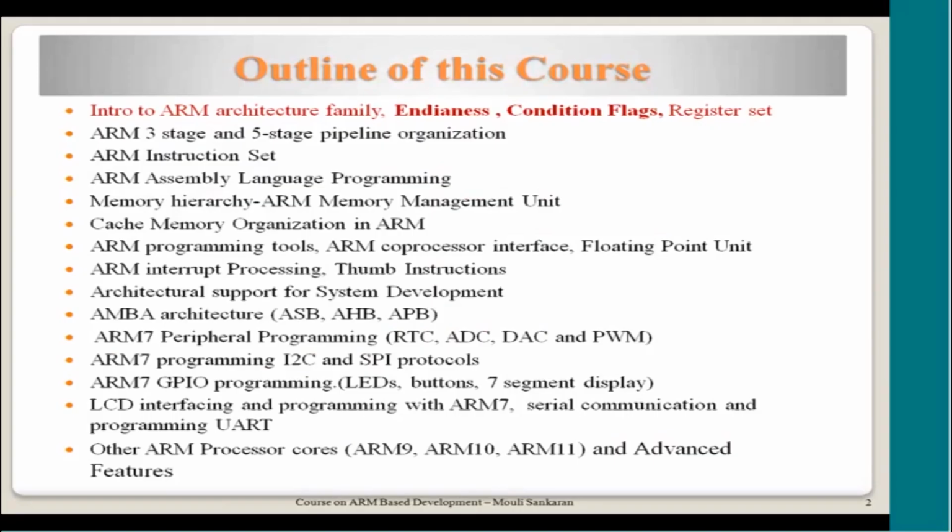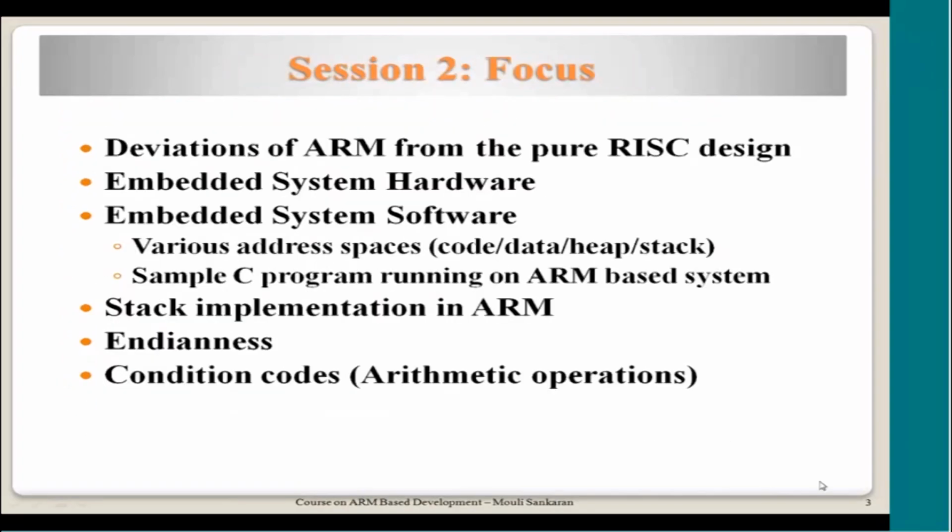Now, in this session, we will be covering a little bit about Endianness and the conditional flags that are available in general in any processor, and specific to ARM, we will be covering in this lecture. So this is the detailed plan for this session 2.